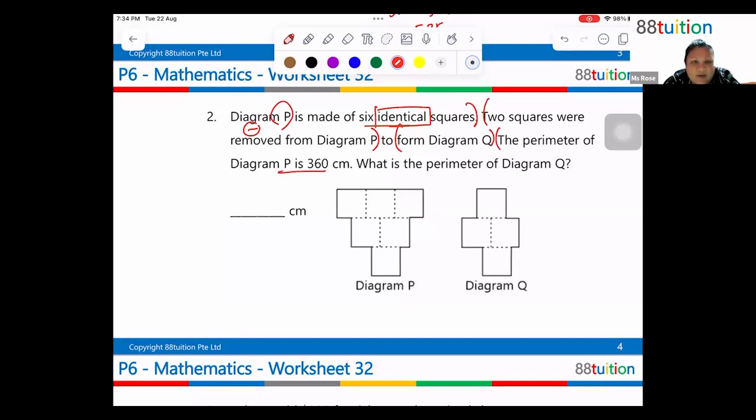So that means there are no dimensions given to us. So since there are no dimensions given and they are all identical squares, we let the length of each square to be 1 unit.